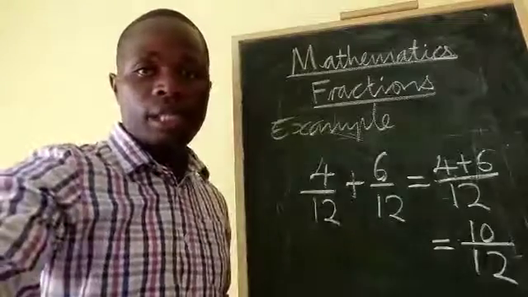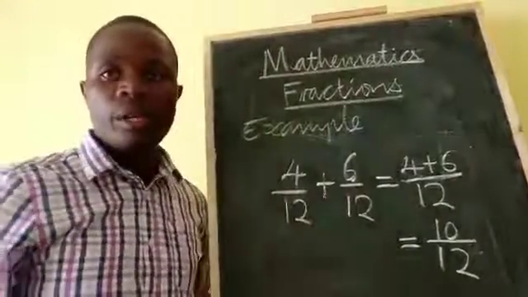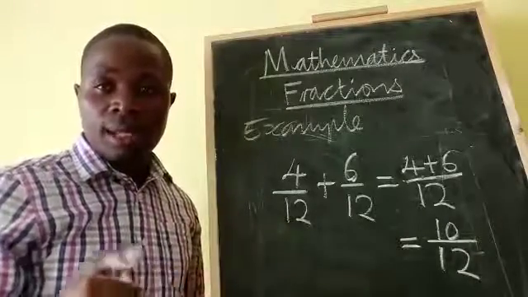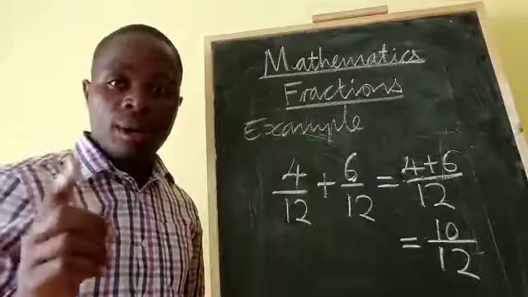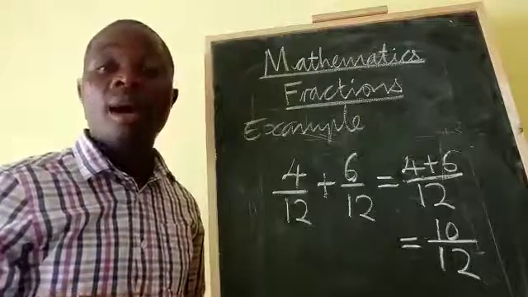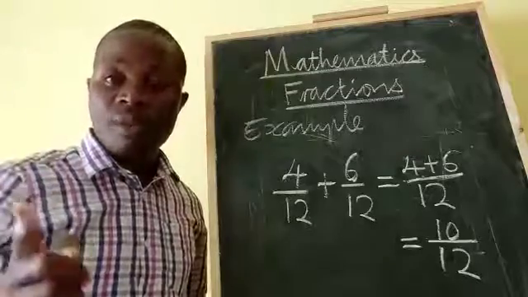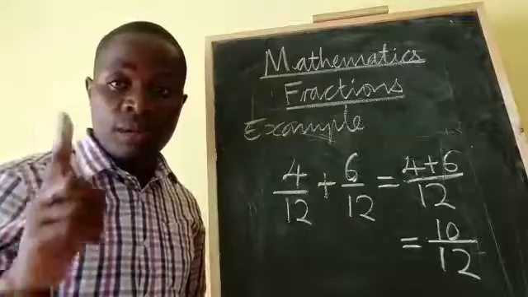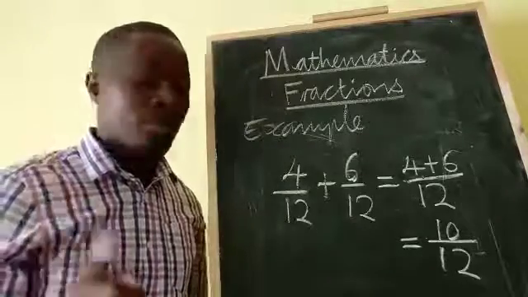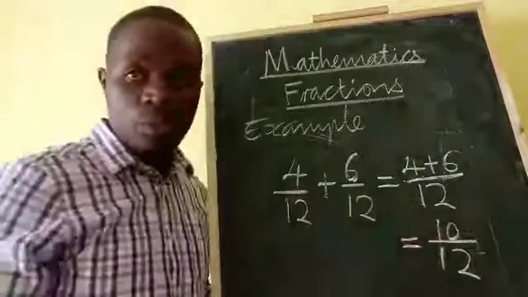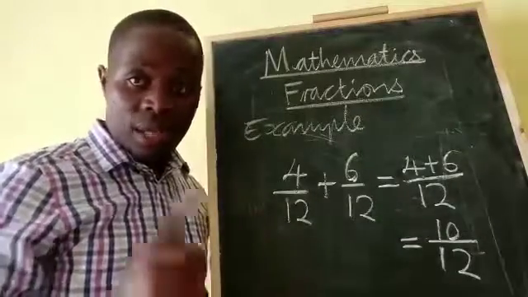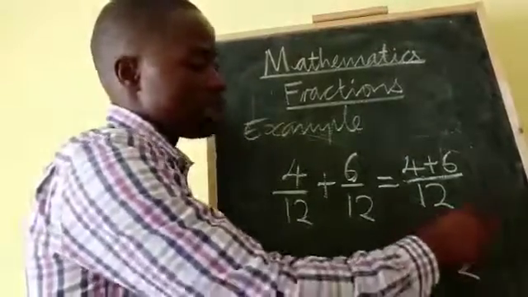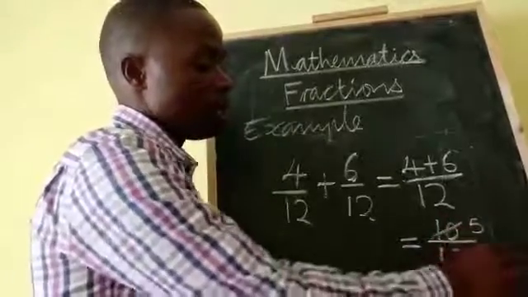Now here you need to pay attention. When you have 10/12, remember, I said you check if the denominator and the numerator have a highest common factor, that is a number that can divide the two without a remainder, because you have to leave your fraction in its lowest term. So in this case, 10 and 12, we have a number that can divide these two numbers without a remainder. So 2 can go into 10, 2 into 10, that's 5. 2 into 12, that's 6.